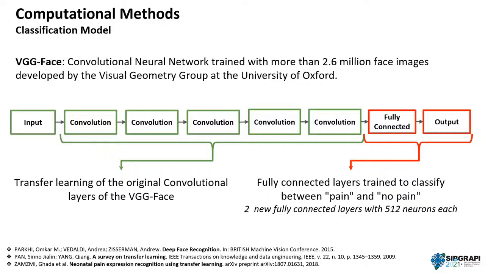We applied transfer learning of the original convolutional layers and performed a random search to find the best architecture of fully connected layers in order to maximize the classification accuracy. Our results suggested two new fully connected layers with 512 neurons each, able to classify the facial expression into two classes, pain or no pain, without pain level detection.